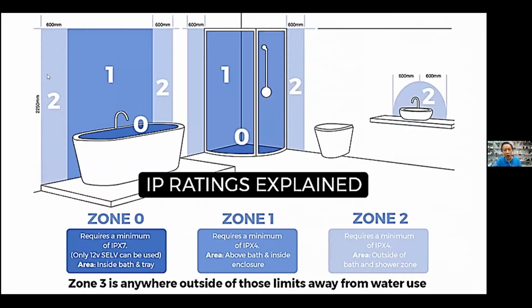Yung zone 1 is immediately after yung zone 0. Then zone 2, may mga height, parang area na within 600 mm, ito sa wall, 600 mm.